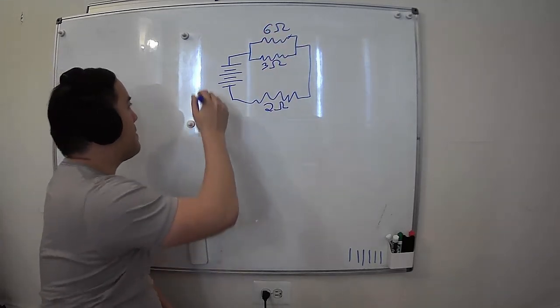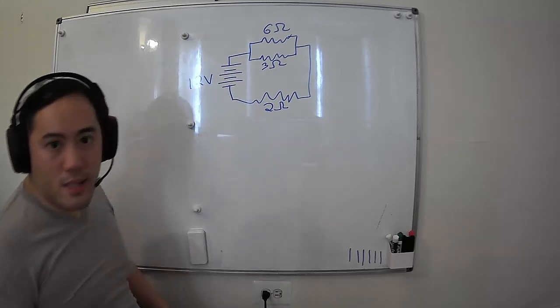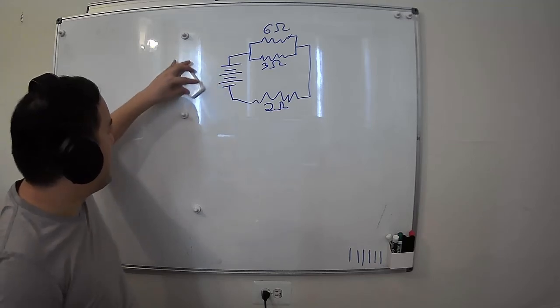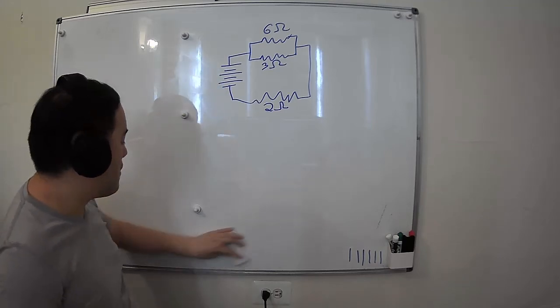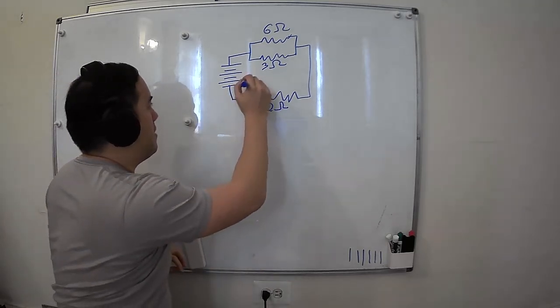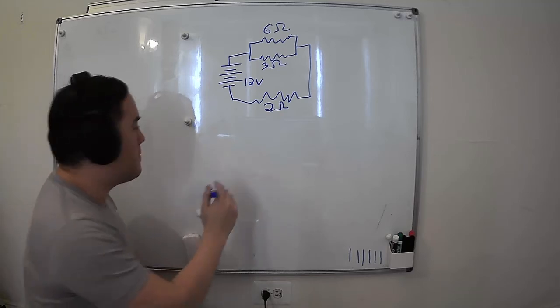Looks like a great circuit to me. 12 volts, let's say 12 volts. For some reason, voltages are almost always like 6, 18, 12, 24 in problems like this. Here's the circuit.